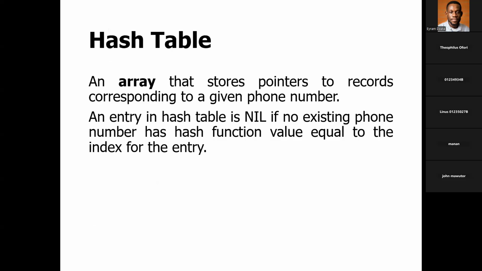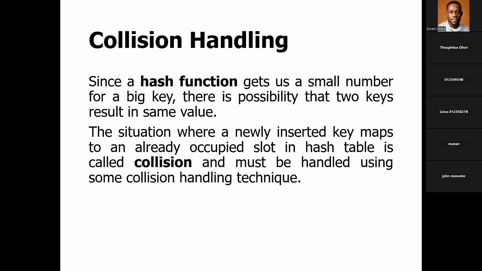Now, the hash table is an array that stores the pointer to the records corresponding to that given number. So an entry in the hash table is nil if no existing telephone number has a function value equal to the index for that entry. Then we talked about, or I gave you a scenario of, collision.